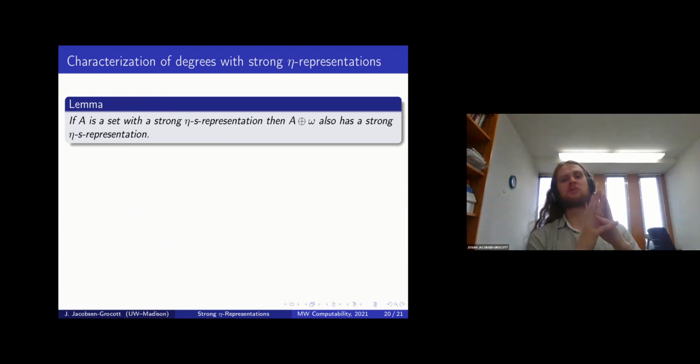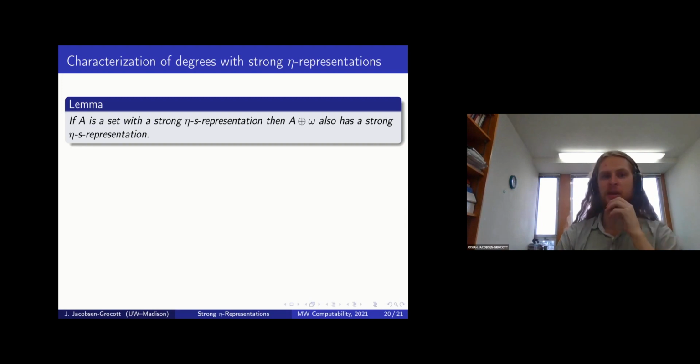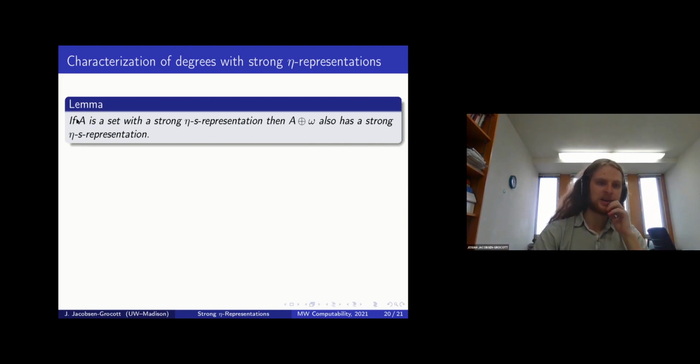And so, like what Lerman did in his characterization by taking A and joining it with omega to get the degree characterization, we could also do the same thing. So we have the following lemma. If A is a set with a strong eta S representation, then A joined with omega also has a strong eta S representation.